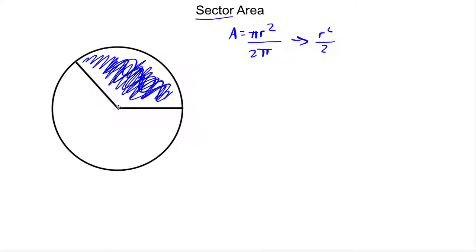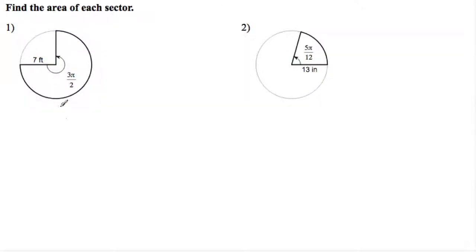But we need to multiply this by that central angle theta again. So this is the formula for the sector area. What you need to realize is that the formula is r squared theta divided by 2. And that's it.